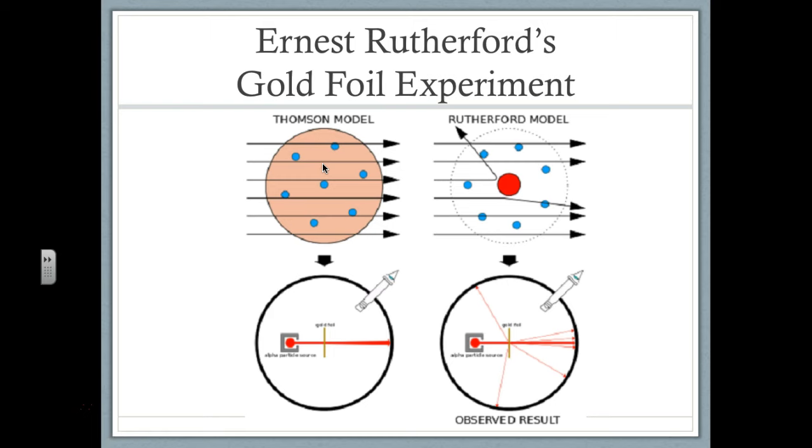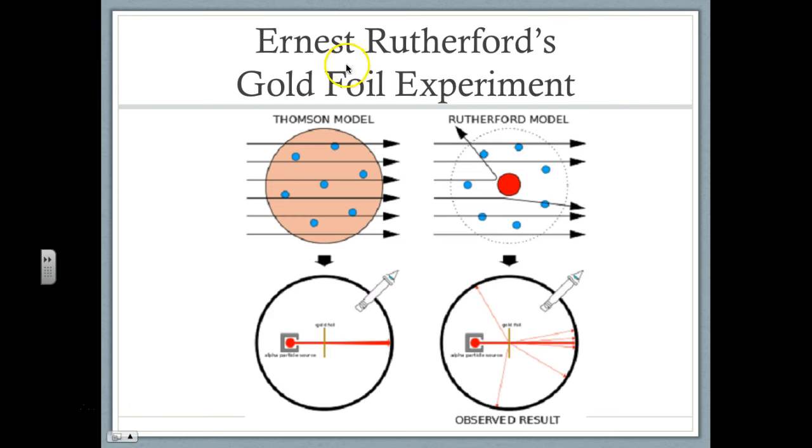Models are used to help us visualize observations that we make. This is not what an atom looks like. And when we get to Rutherford's model, that is not exactly what an atom looks like. No one knows exactly what an atom looks like. We just create models that help us visualize the observations that we make in the laboratory.